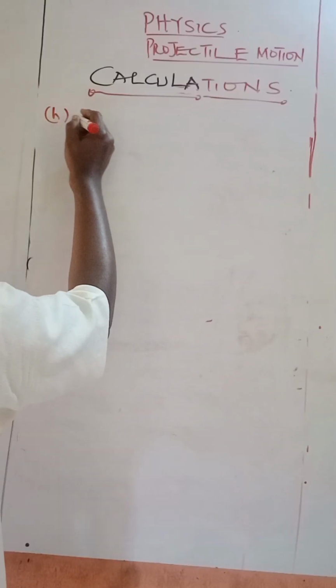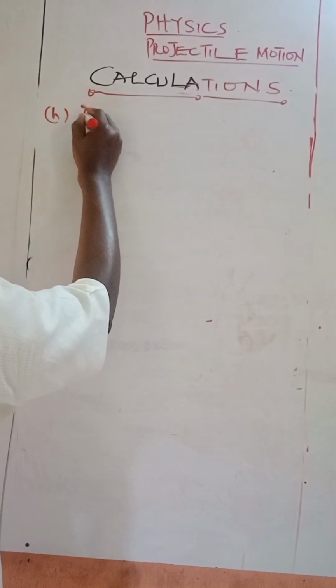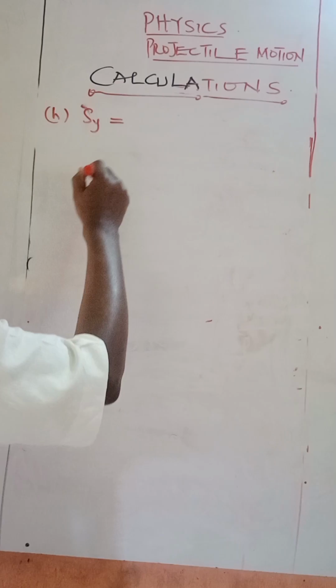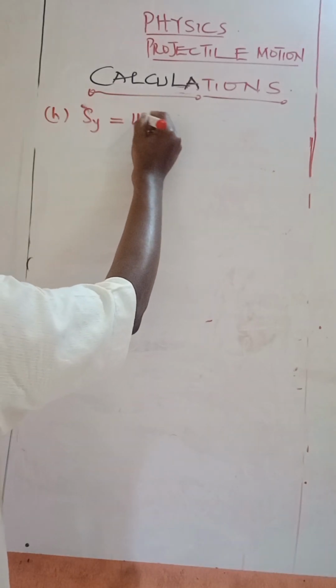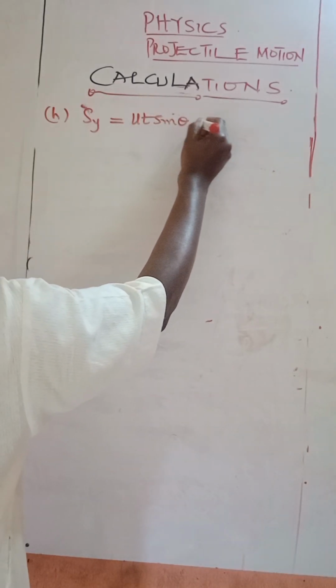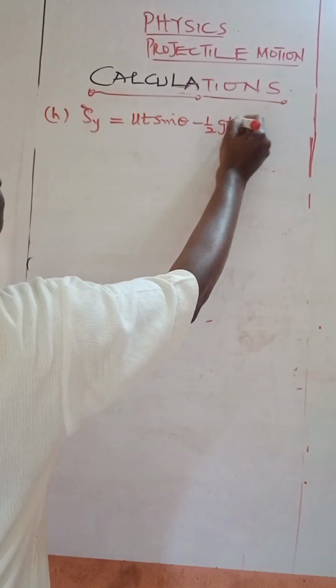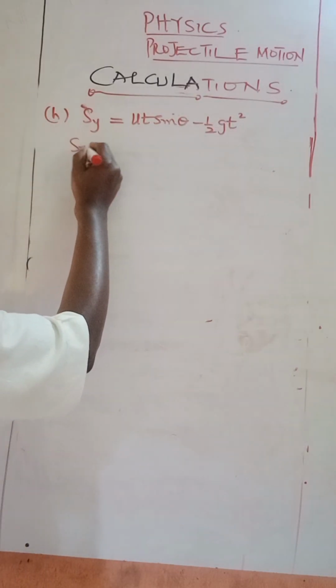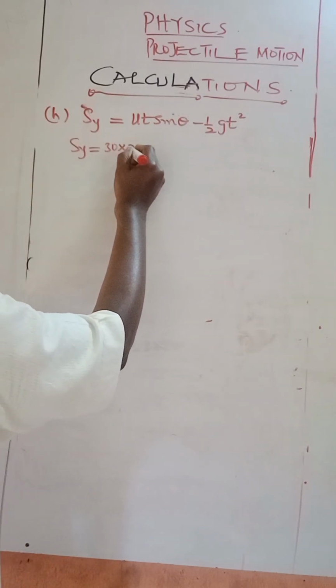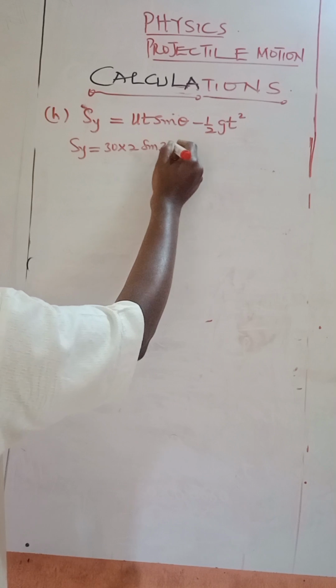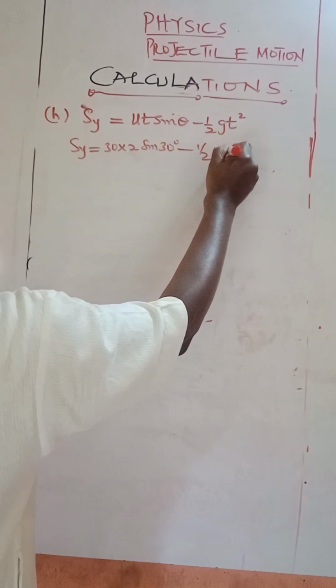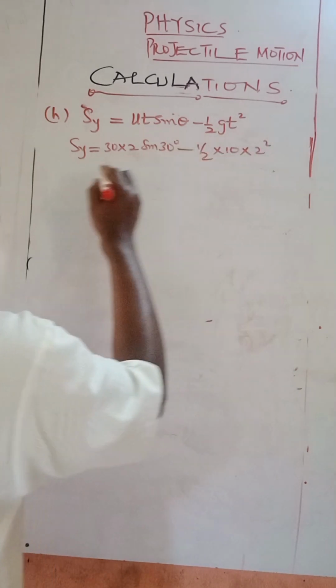H, we have to find Sy, the vertical distance, which is ut sine theta minus half gt squared. Sy is equal to 30 times 2 sine 30 degrees minus half times 10 times 2 squared.